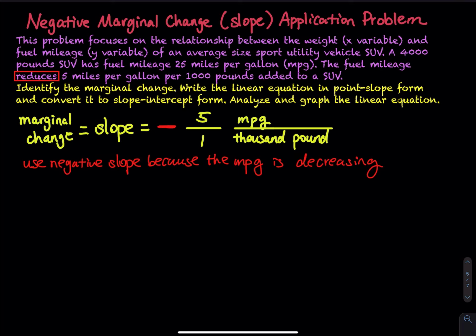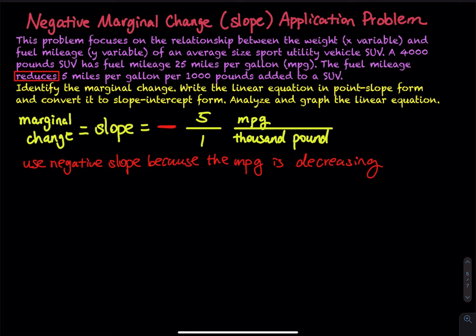Now, one thing that I want to point out immediately is the marginal change, the slope, is negative. Why is this negative? Because the mileage reduces 5 miles per gallon per 1,000 pounds. It's reduced, it's not increased. So if the vehicle is very heavy, for each additional 1,000 pounds, the MPG is reduced by 5.